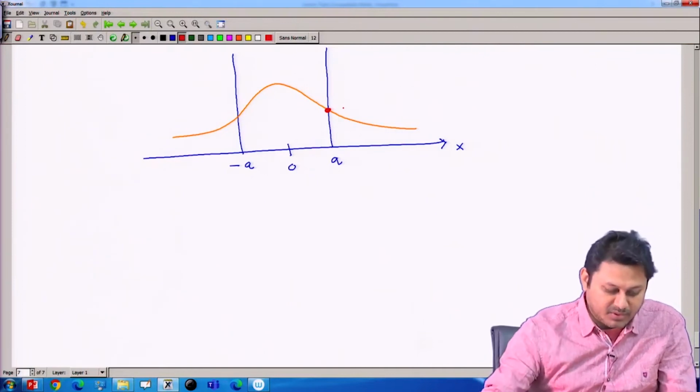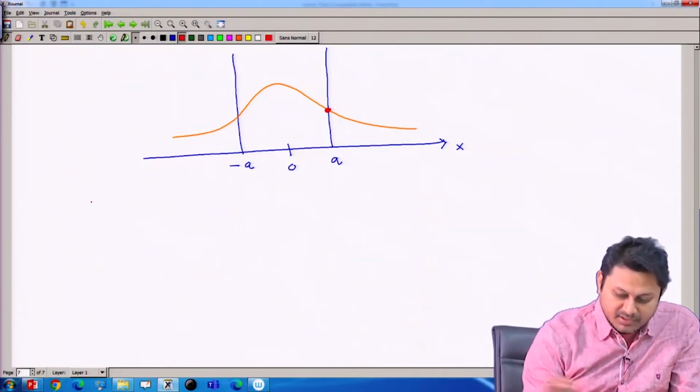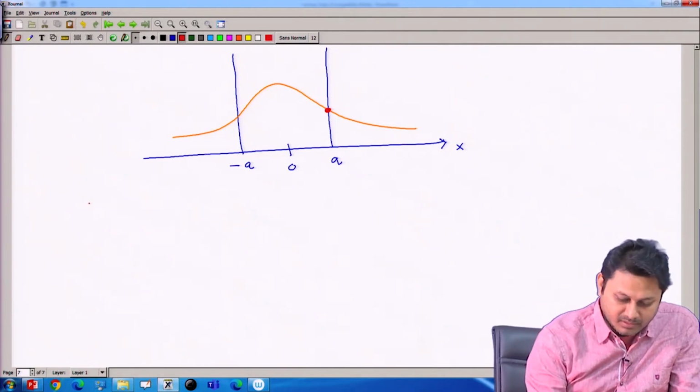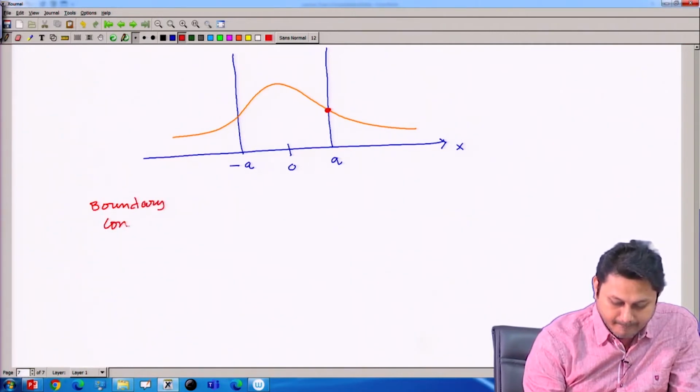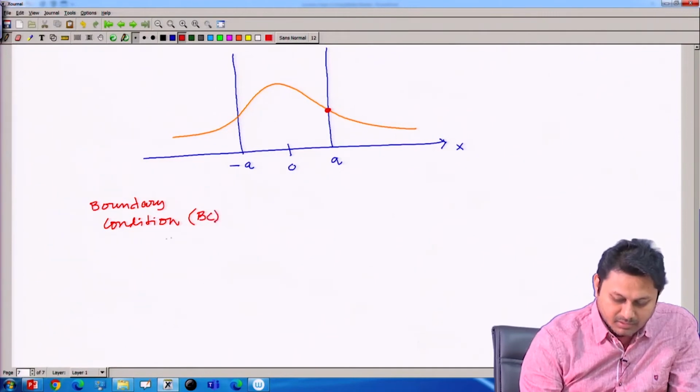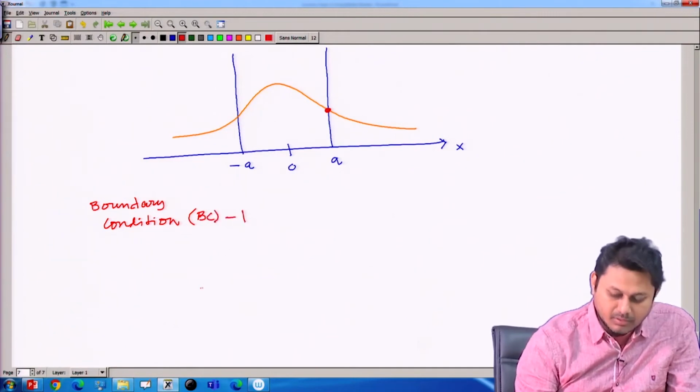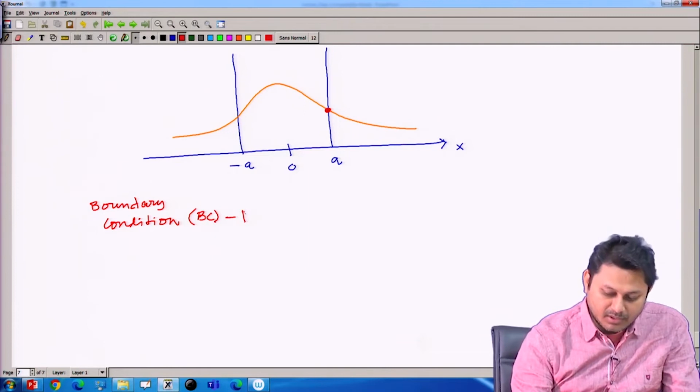If I take these boundary conditions, boundary condition 1, BC 1, what is it here?